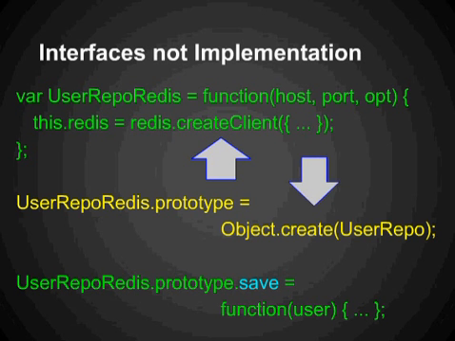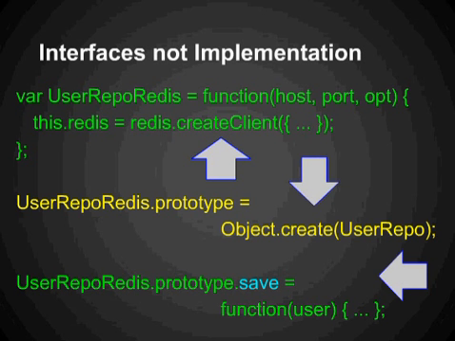Now what I do here is, for the prototype of this constructor function, I am going to use Object.create of the interface. So what I'm doing here is announcing to the world that this user repo Redis object is going to implement the user repo interface.